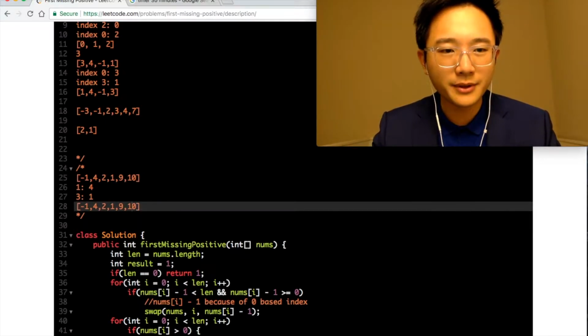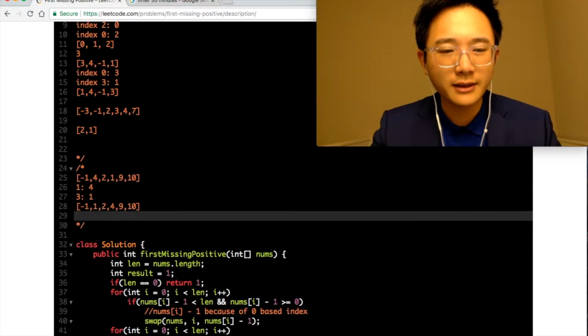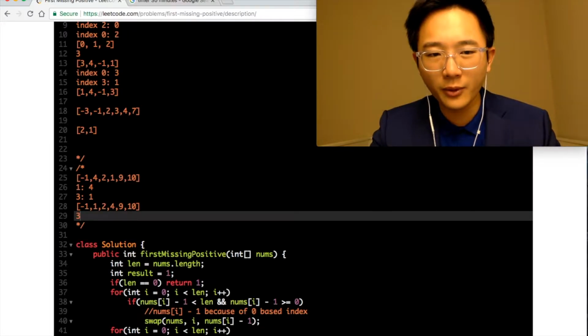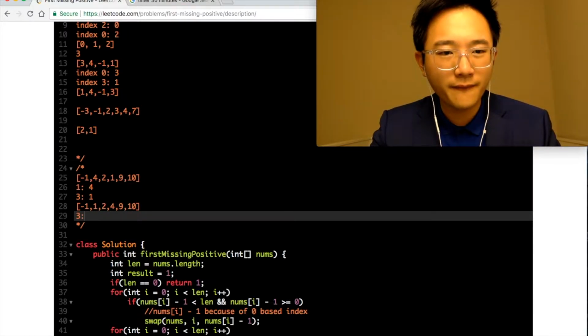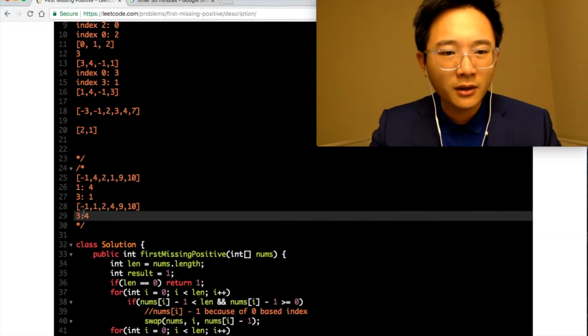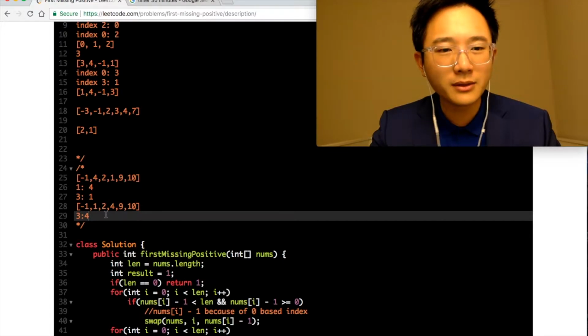That becomes 1, and this is 0, 1, 2, 3. This is 4, and then at 2 we have 0, 1, 2. 2 is 2, so we swap nothing. At 3 we have 4. 4 minus 1 is 3.